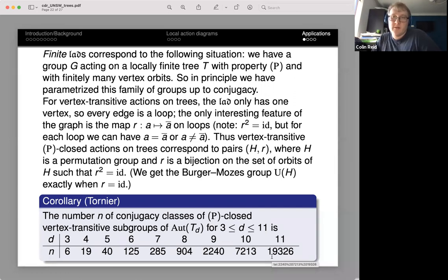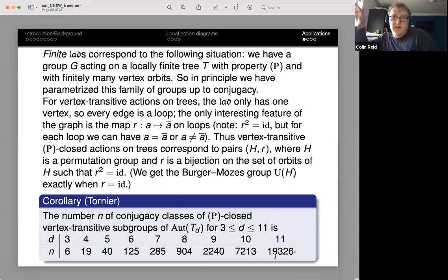And for comparison, the number of Burger-Mozes groups of that degree is about 3,000. That's the number of permutation groups on 11 points. It's a little over 3,000. So you can see there's more of them, but for these small numbers, it's not sort of drastically more.